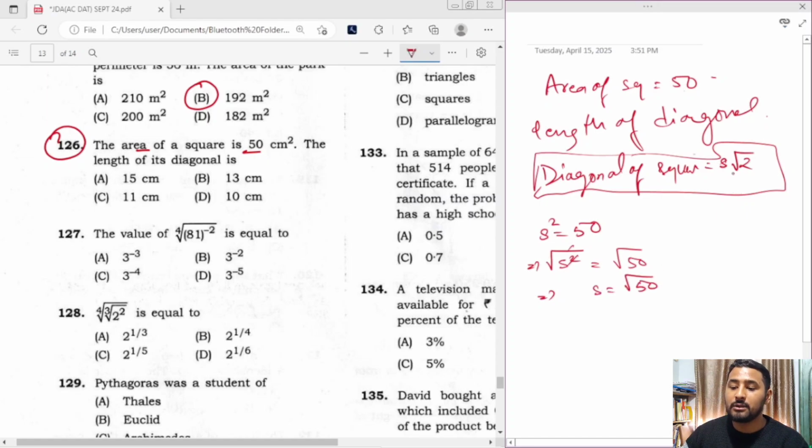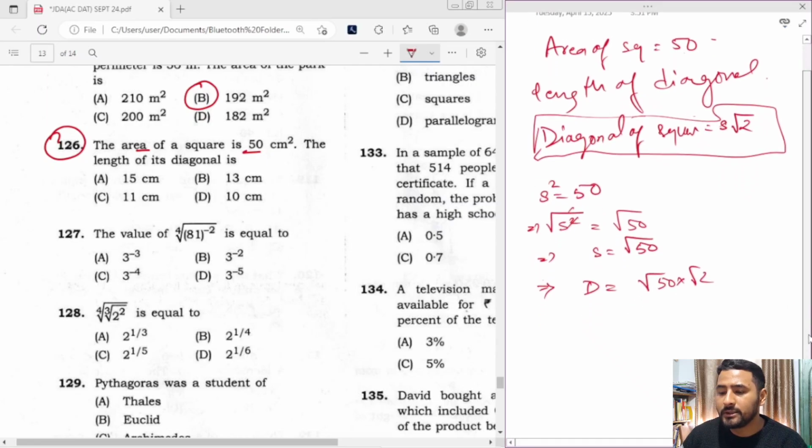Now see, diagonal is s root 2. This is the formula, right? So let me just clean it up. s equals root 50. Put in this formula. Now diagonal will be how much? Root 50 into root 2, right?